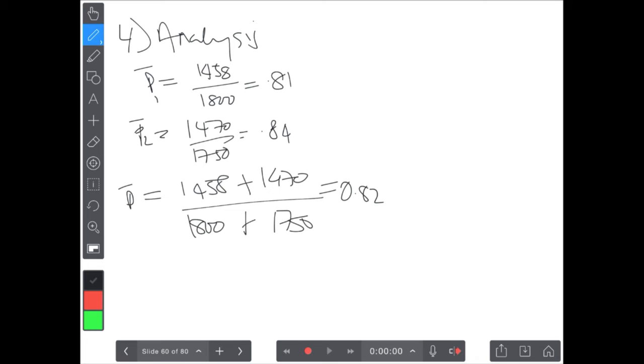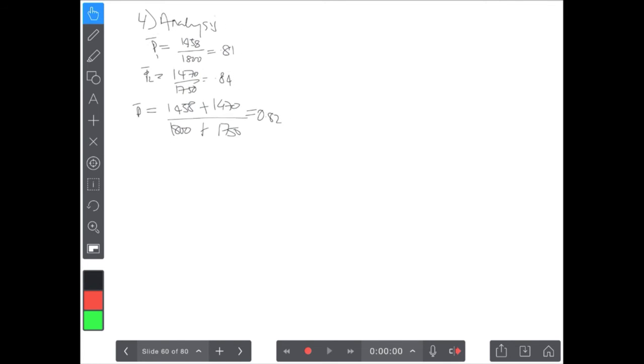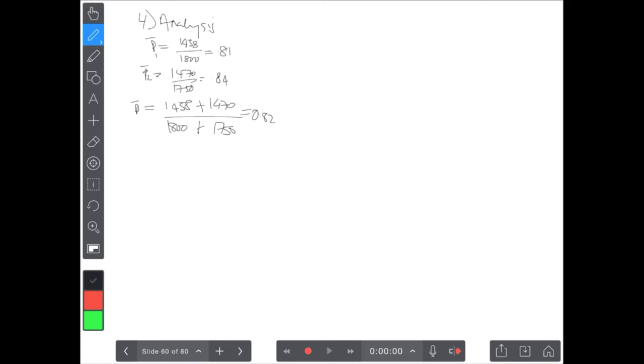So what we now need to do is to calculate the value of the test statistic. Let's do that. So Z observed will be 0.84, which is our P bar 2, minus 0.81, which is our P bar 1, minus 0 from the null hypothesis.